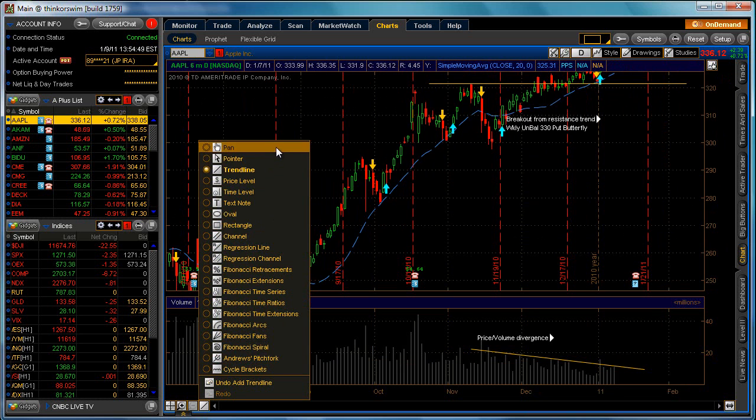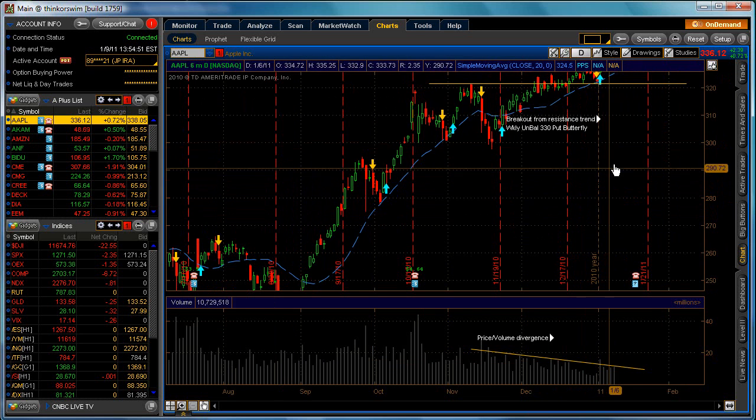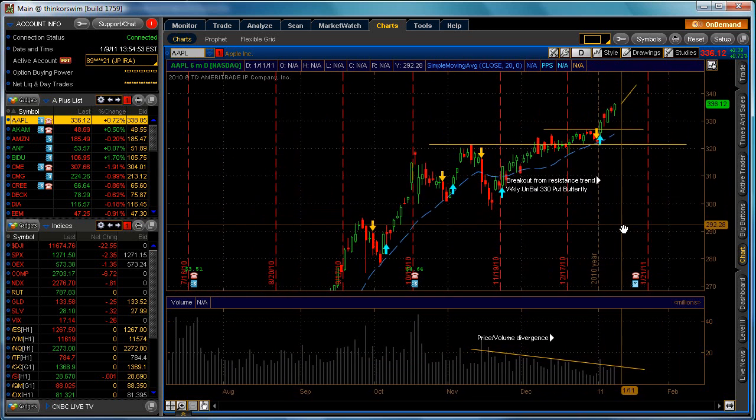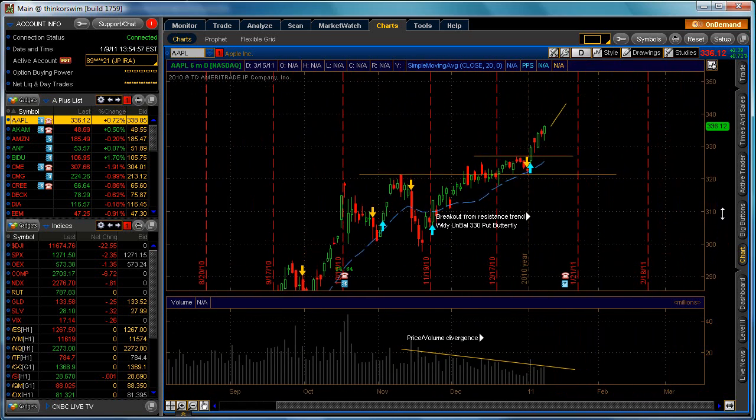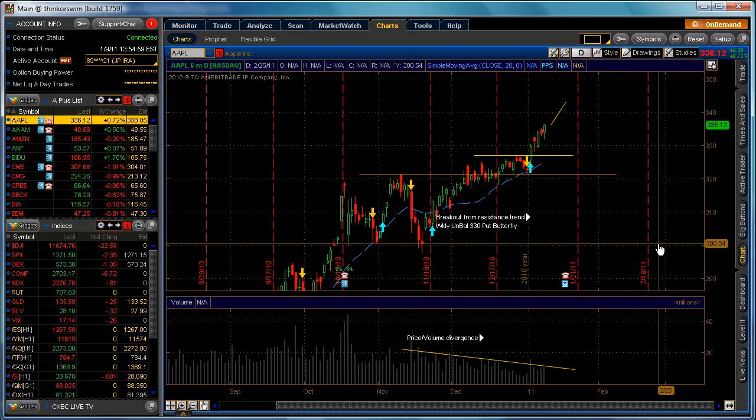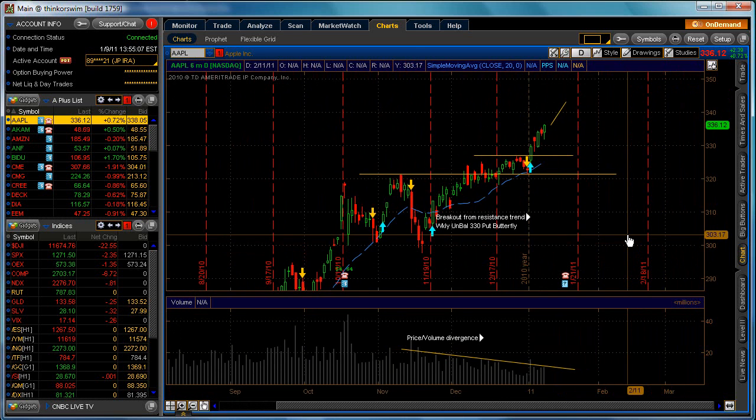I go over here and select the finger, as I call it, or pan if you want to be more correct, and we can spread this out even more, and now you can see the price movement a little better. High price stocks are like this.